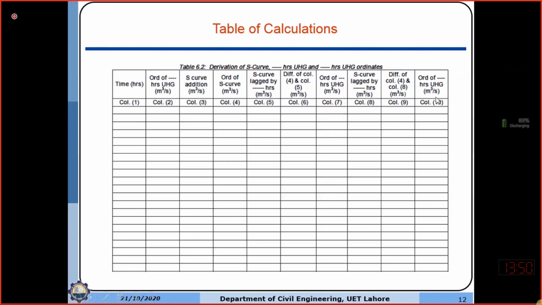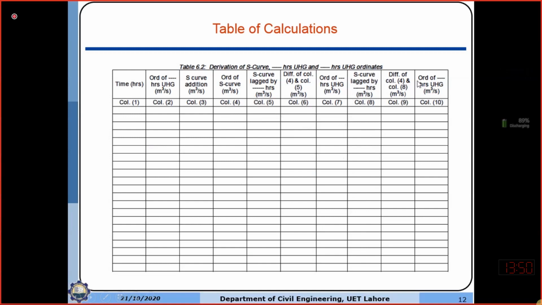Then again you have to find the ordinate of the 5-hour unit hydrograph. So what you will do, you will make the 5-hour S curve which is lagged by 5 hours from column number 4. So you will just repeat column number 4 in column 8 and start the first ordinate of column 4 at the 5th hour, and just write the remaining values as they are.